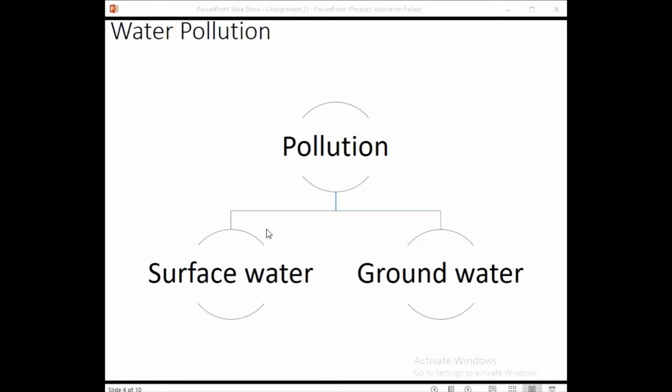Water pollution can be classified as surface water pollution or groundwater pollution. The surface water pollution examples include lakes, streams, estuaries and parts of the ocean in marine pollution. And in groundwater, it contaminates aquifers.